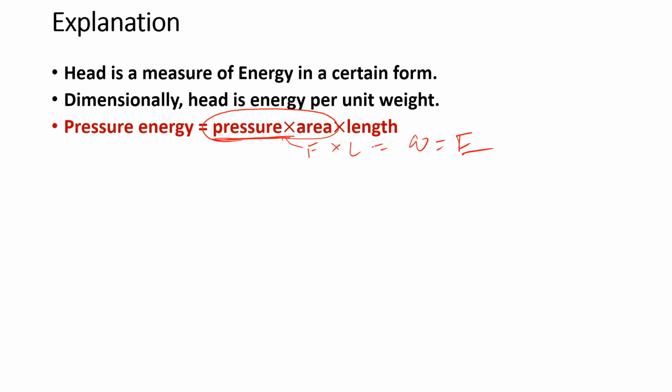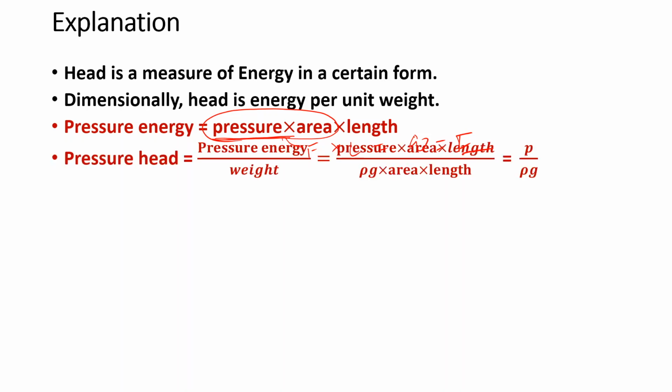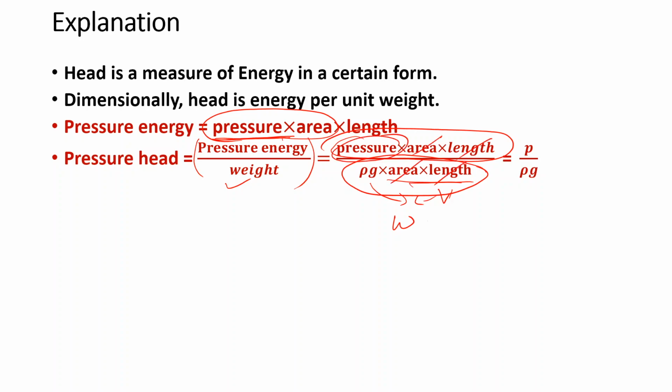Now, if you want to express that pressure energy in terms of pressure head, then pressure energy divided by weight equals pressure multiplied by area multiplied by length, divided by the weight, which is area into length, giving the volume, multiplied by rho g. So dimensionally, pressure energy per unit weight is P by rho g, which we have named as pressure head.